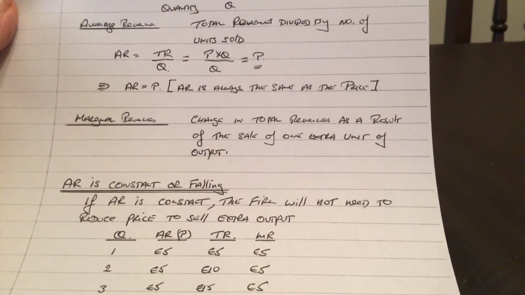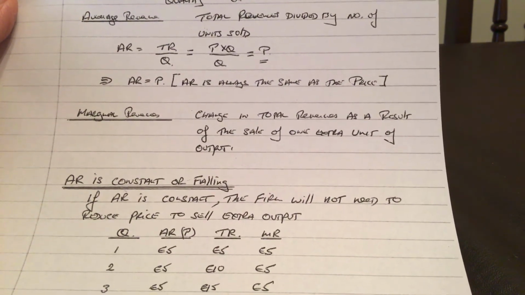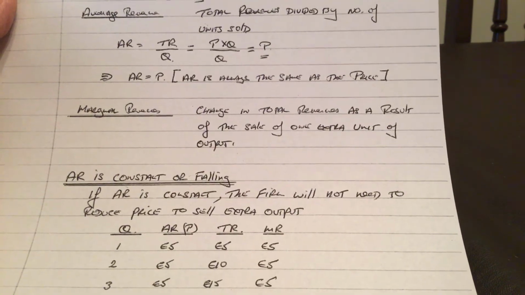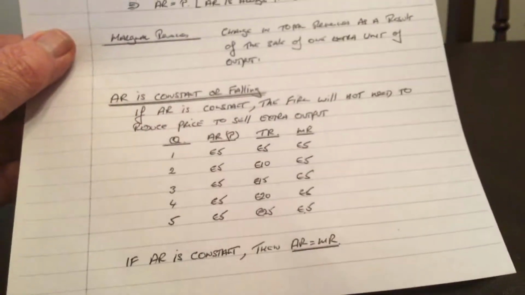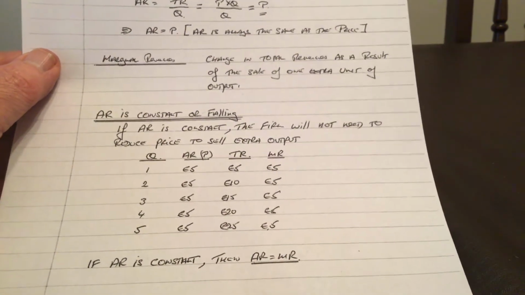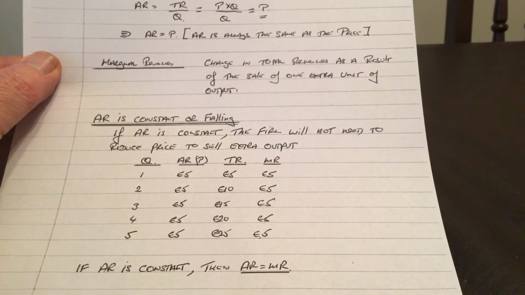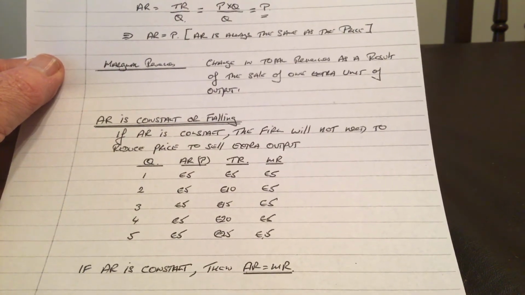Marginal revenue, then, is the change in total revenue as a result of the sale of an extra unit of output. Now let's work on that from the figures below. Average revenue is constant or falling. If AR is constant, the firm will not need to reduce the price to sell extra output.